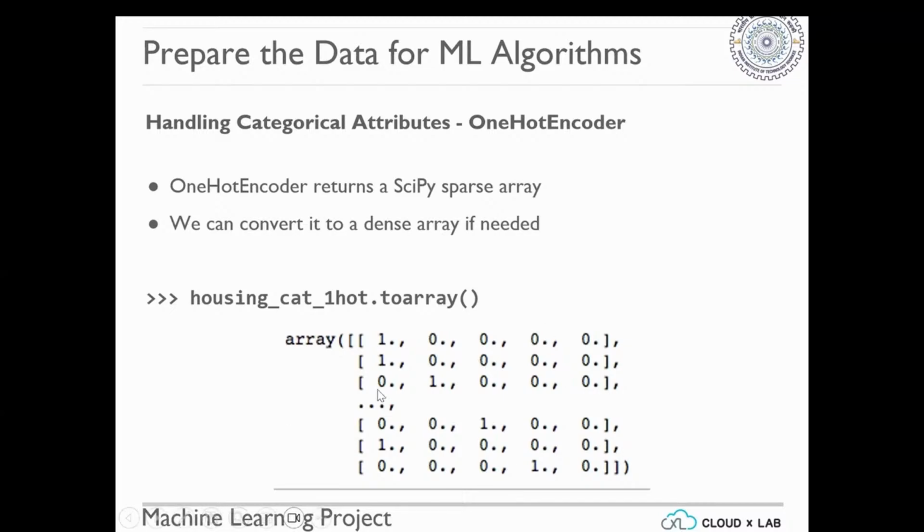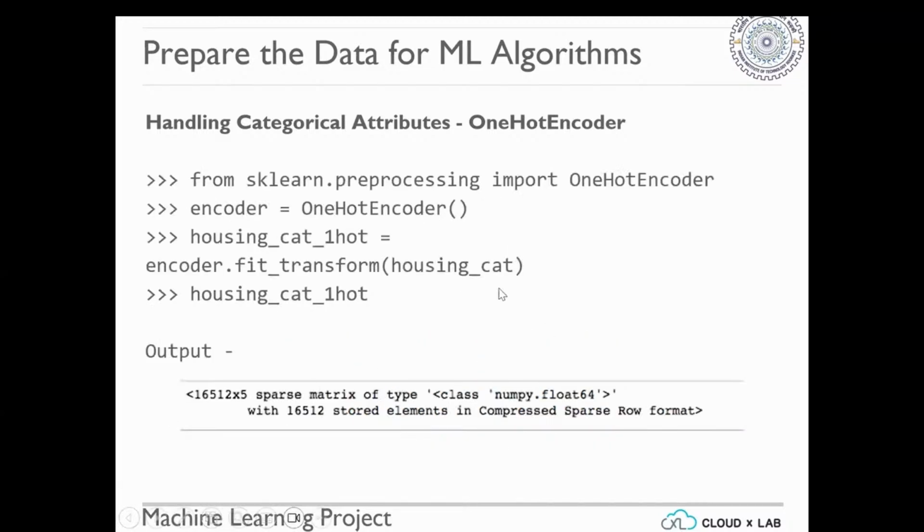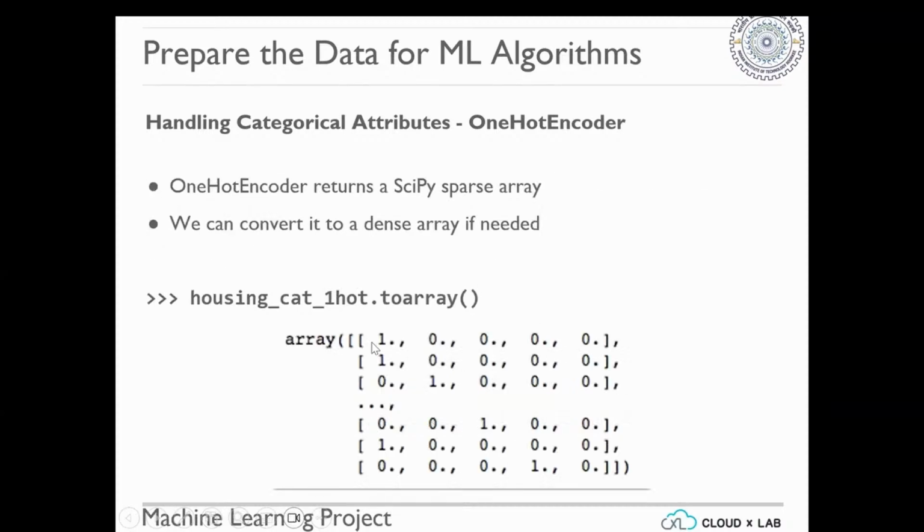Now you may have a question: why does scikit-learn store in sparse matrix form, and why not just use the dense form? As you can see, we are getting so many zeros, because in each vector we only have one single one, and all other entries are zeros. Therefore, it will not store these zeros, and it will directly store the ones.